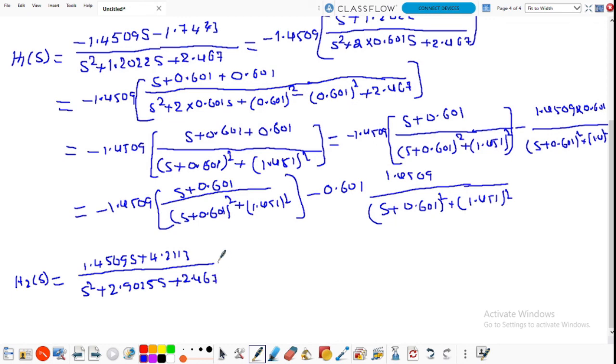Using the same process, reducing the H2 of S value.